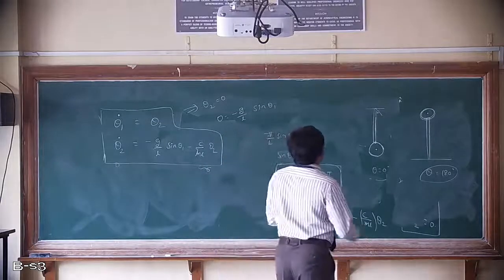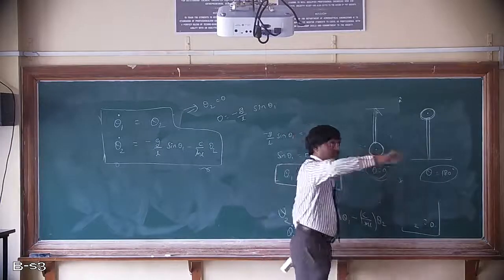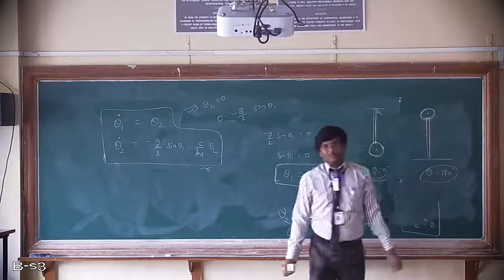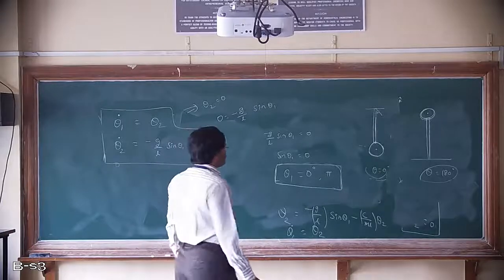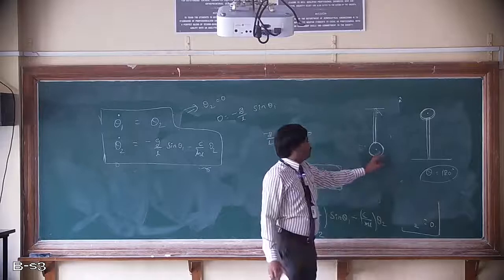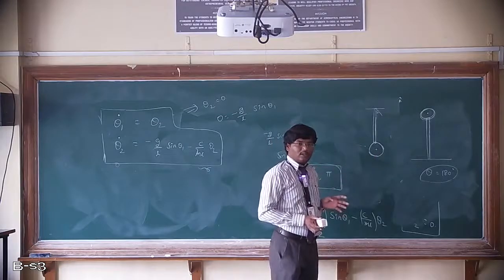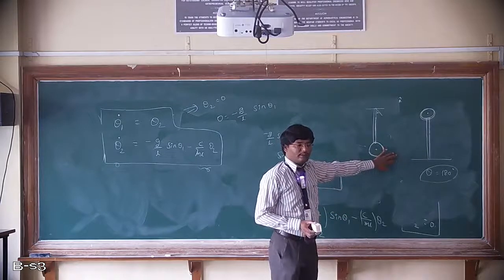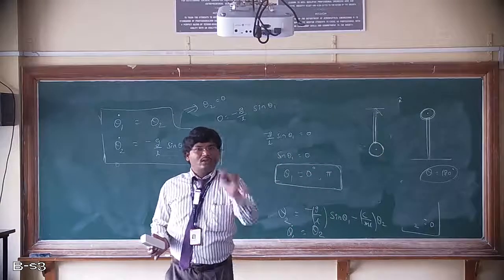Like the simple pendulum: at theta is equal to 0 degrees, the equilibrium point is stable, and at theta is equal to 180 degrees, the equilibrium point is unstable. Stability is something you talk about for equilibrium points, not for the system, right? Stability is the phenomenon of equilibrium points. Very, very important statement.